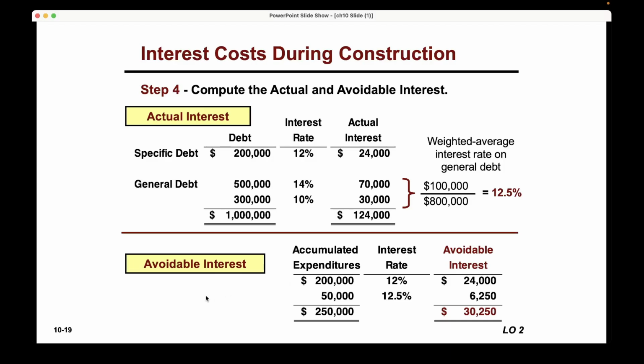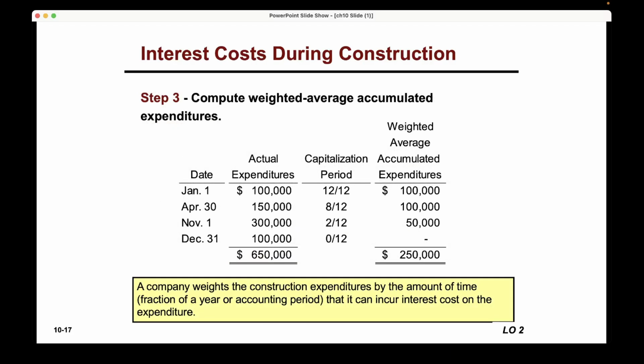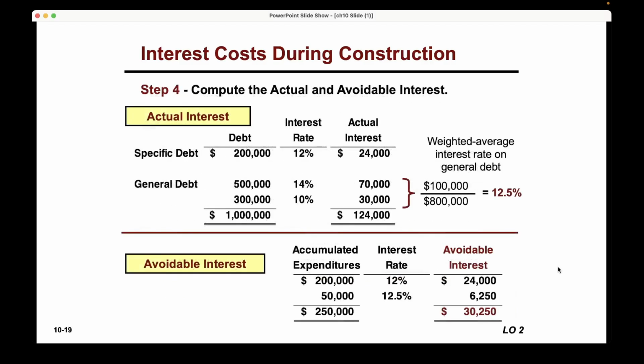Now let's move on to the avoidable interest. So we have a weighted average accumulated expenditure of 250,000 from our calculations. Okay, and we will use that figure.